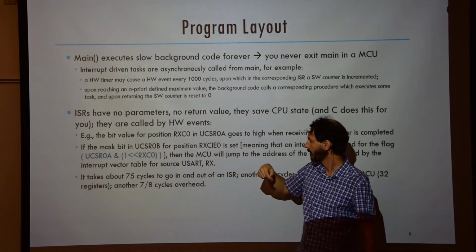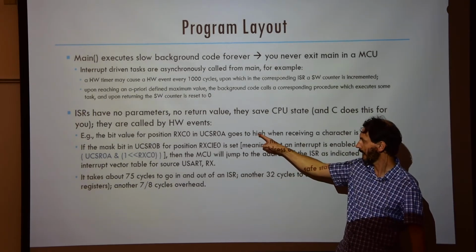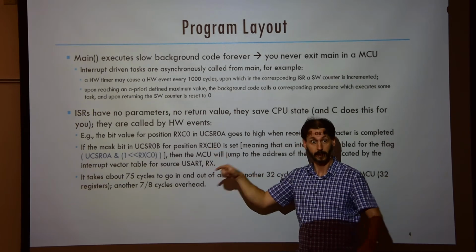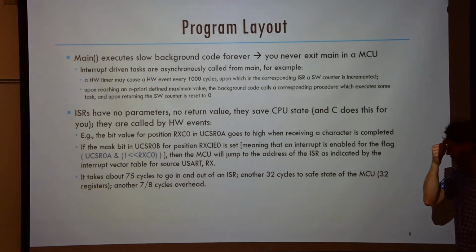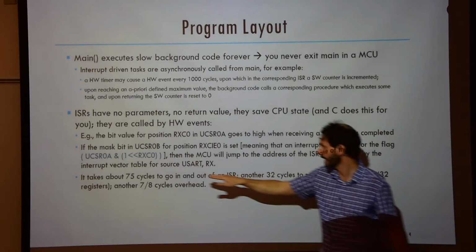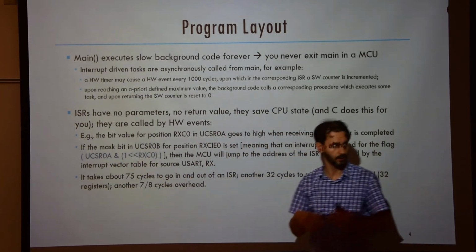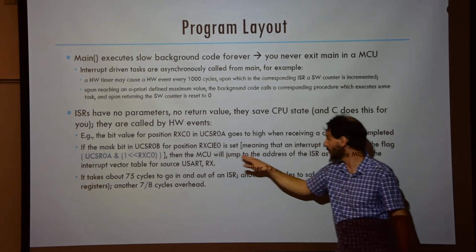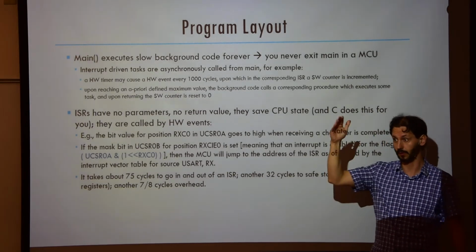If you have enabled this, then an interrupt service routine associated to that hardware event will be called. So the interrupt is enabled for the flag when this particular register at this position goes from 0 to 1. If that happens, then the MCU will jump to the address of the interrupt service routine as indicated by that table that we just talked about.